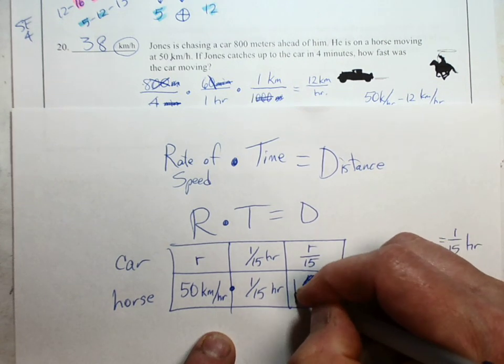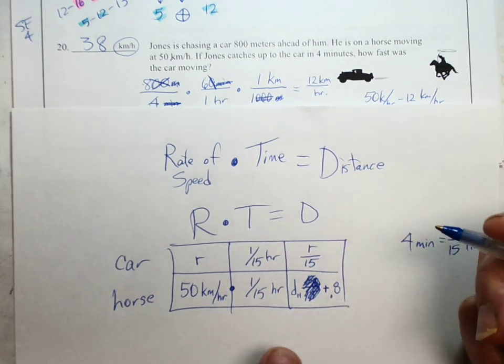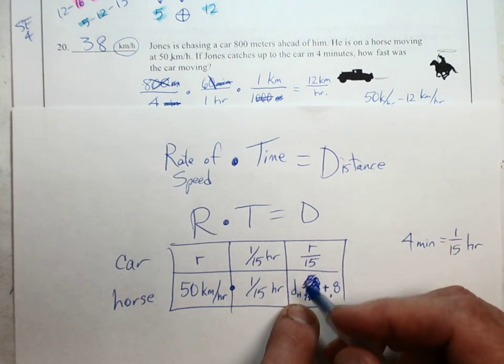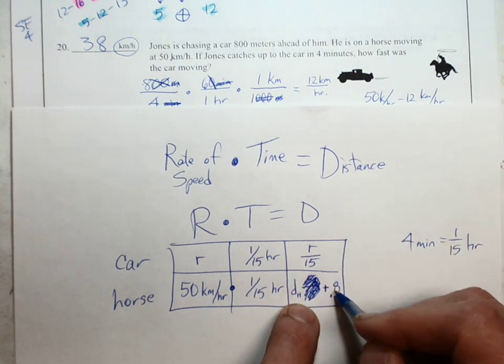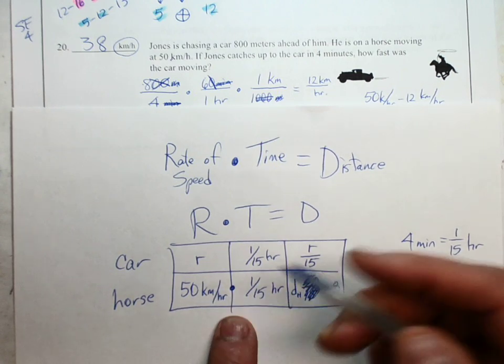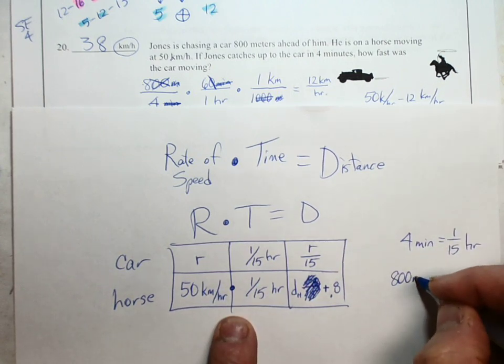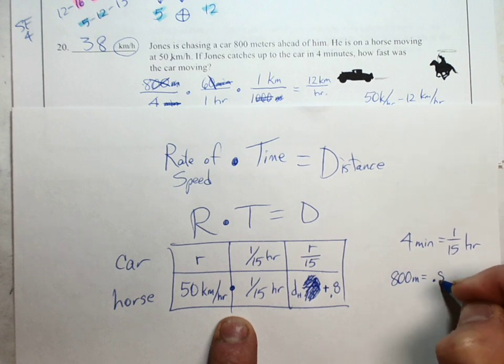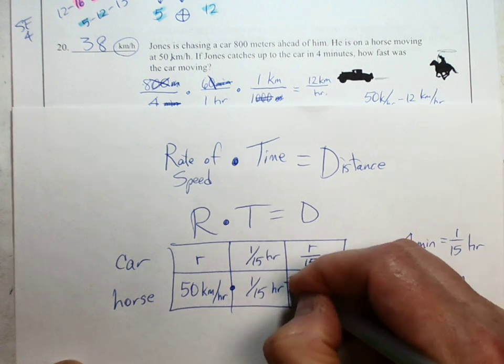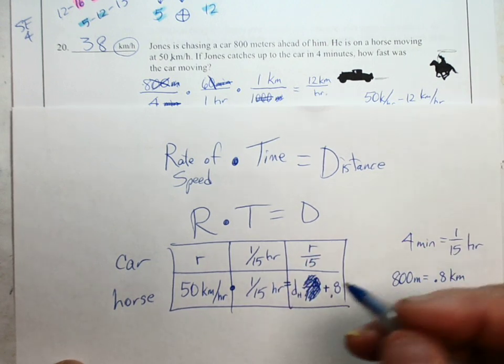So we have a distance for the horse right here. All right. I think that'll work better. I'm sorry. So the distance that the horse needs to travel needs to make up 0.8 of a kilometer. Again, I got to go with the kilometers. Remember, 800 meters is 0.8 kilometers. Told you.